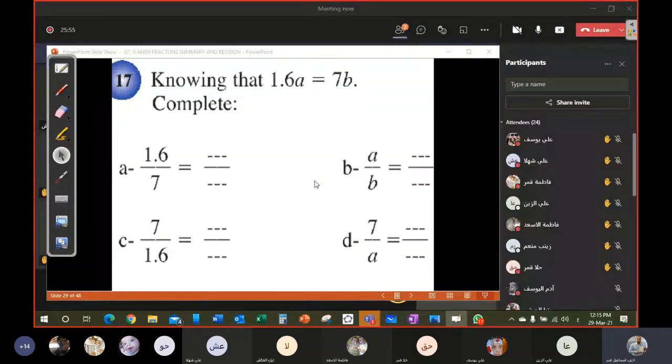To get 1.6a after cross multiplying, we should get 1.6a equals 7b. No.